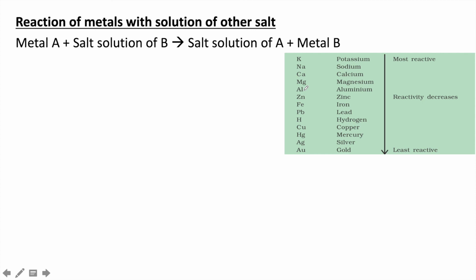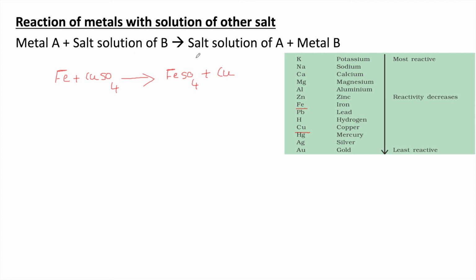I will write one example here. Iron plus copper sulfate solution. Compare the reactivity between iron and copper. Iron is more reactive than copper. So iron can displace copper from its salt solution and it forms iron sulfate and copper.